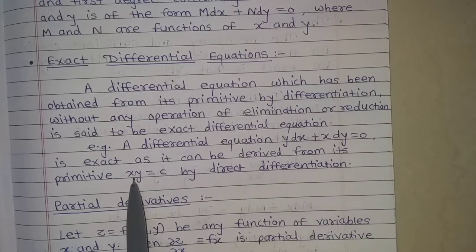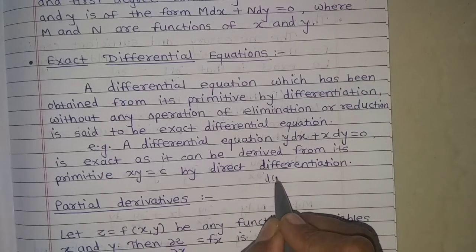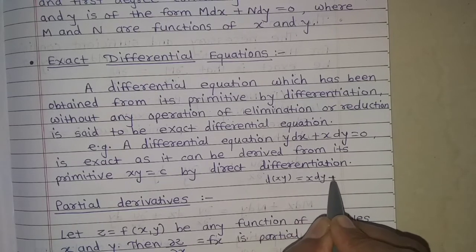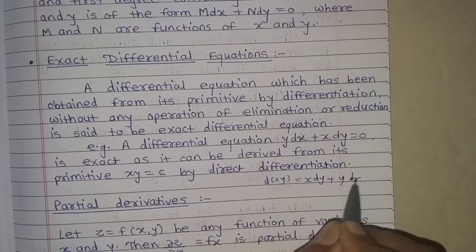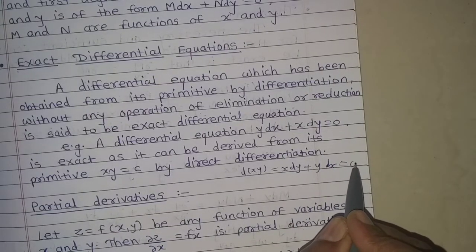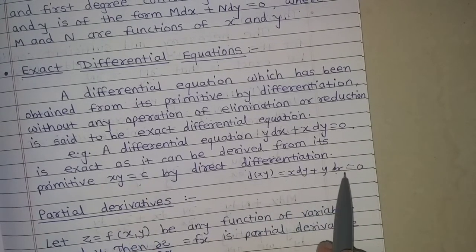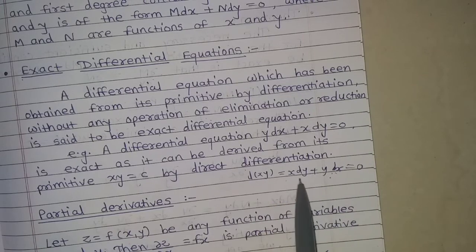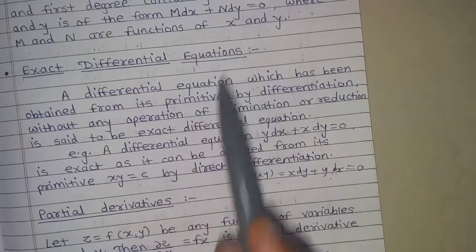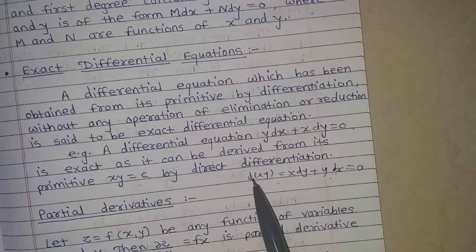That means if we take differentiation of xy, that is d of xy equal to x dy plus y dx, and equal to derivative of c, which is 0. That means m dx plus n dy, that is y dx plus x dy equal to 0, is obtained from its primitive xy equal to c by direct differentiation.